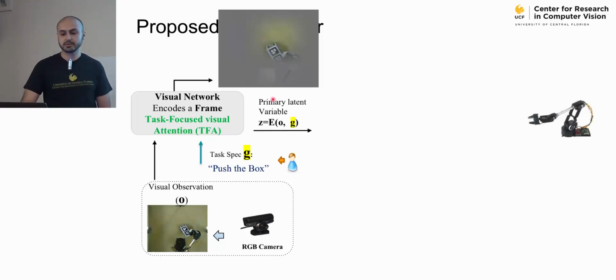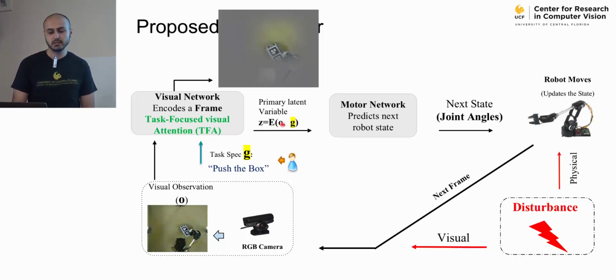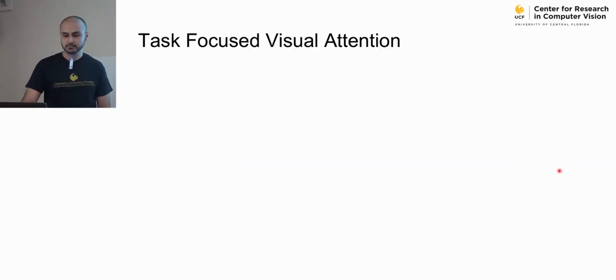In this case, our primary latent variable Z is again the output of a function named E, but the function E has two inputs, the observation O and the task spec G. And again, the motor network takes the Z, moves the robot, and we show that such a case is resistant against disturbance.